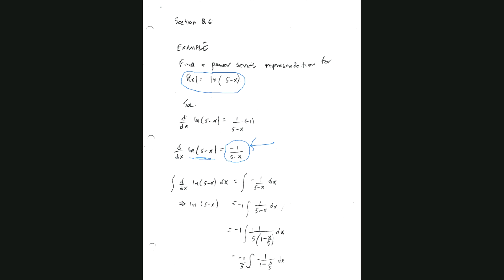Okay, so we'll do that. We'll integrate the left side and the right side. So by integrating both sides of this equation, the left side becomes now the log of 5 minus x.